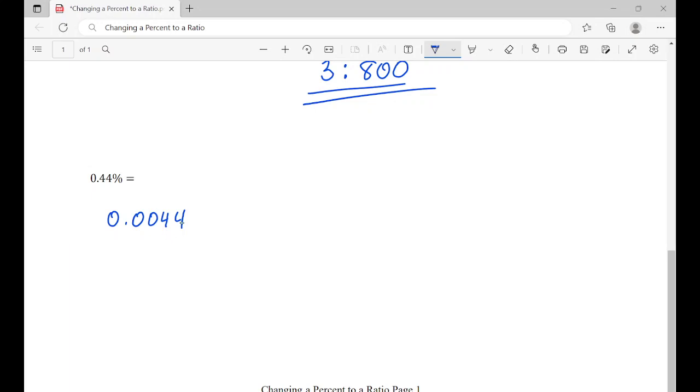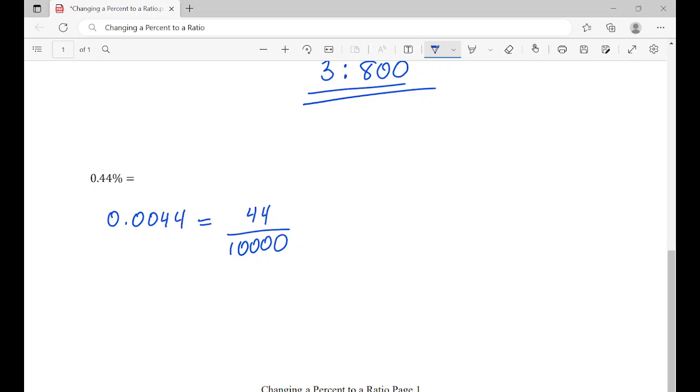Now I'm going to convert this to a fraction, and since this is in the tenths, hundredths, thousandths, 10,000ths spot, I can write this as 44 10,000ths, just because of the fact the last number is in the 10,000th spot.